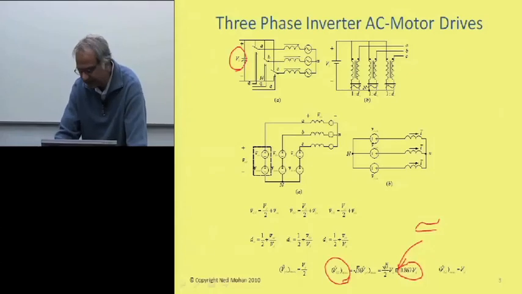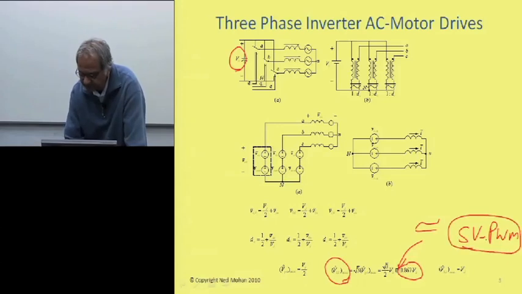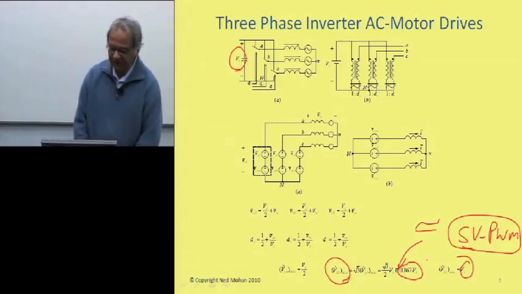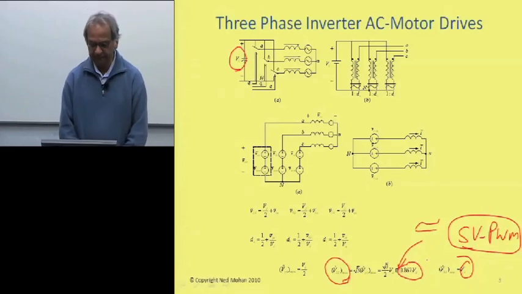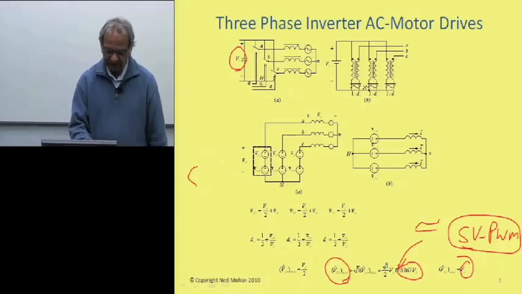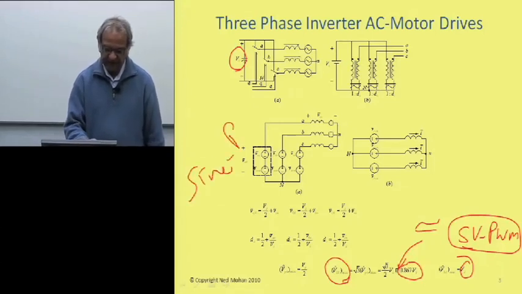Okay, but there's another technique called space vector PWM, which we'll not go into in this course, but it is possible to make this equal to Vd. So we can get higher output voltage out of these converters if you use this so-called space vector PWM as compared to what I just described here, which was sine PWM.